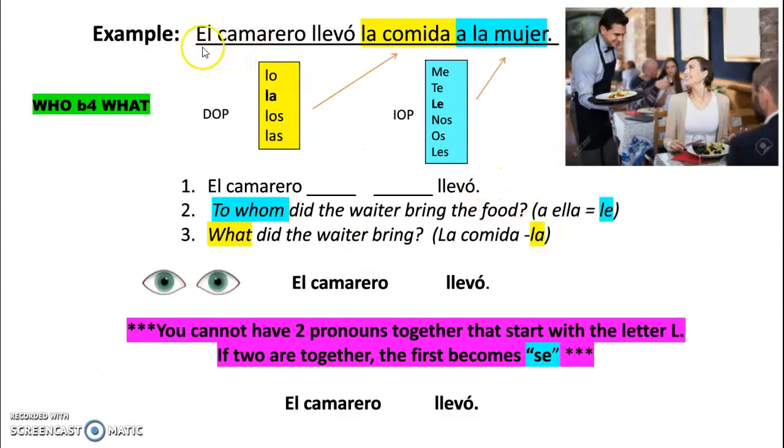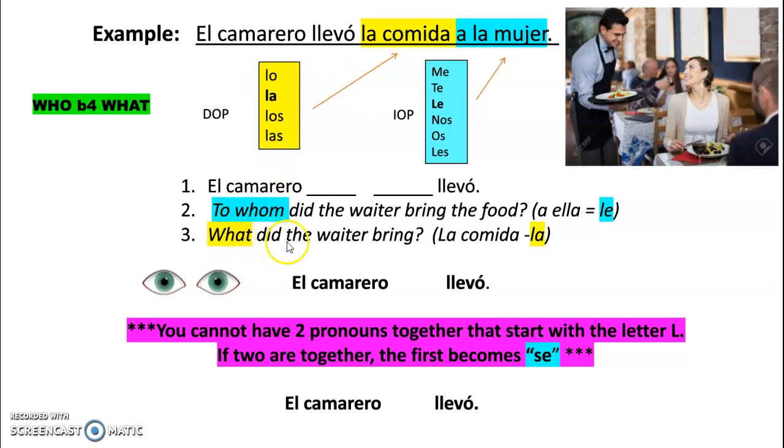Let's look at this. El camarero llevó la comida a la mujer. Who is receiving what? El camarero takes the food to the woman. So the woman, la mujer, which would be le, is receiving la comida, which is feminine singular, la.